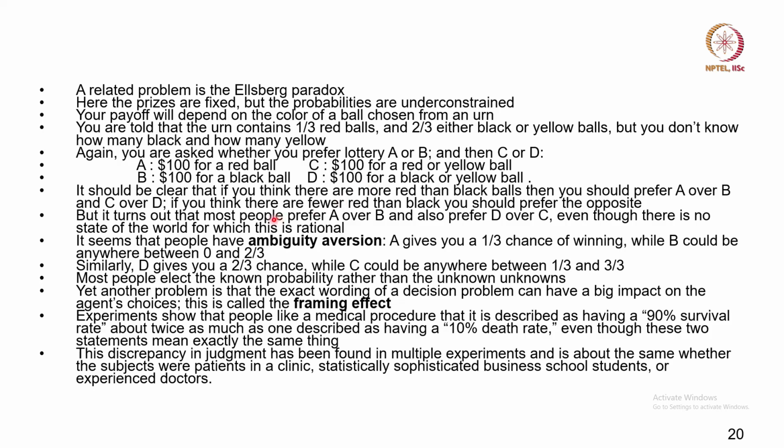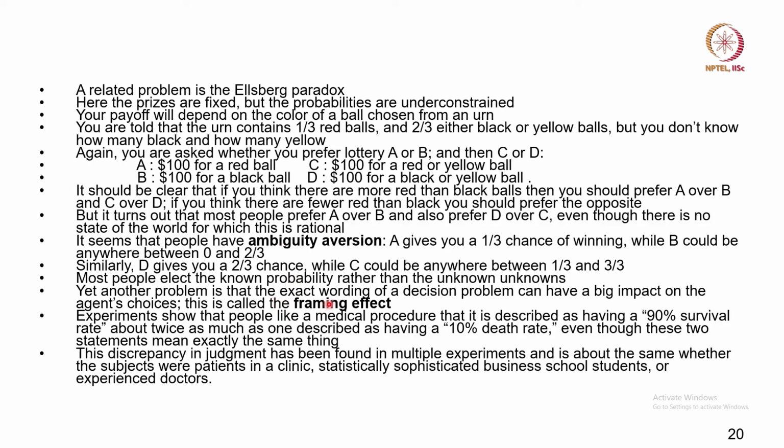Here you have ambiguity aversion. Wherever there is ambiguity, people don't want to get into that. A gives you a 1/3 chance of winning, while B could be anywhere between 0 and 2/3. Because ambiguity is there, they prefer to go for the other one.